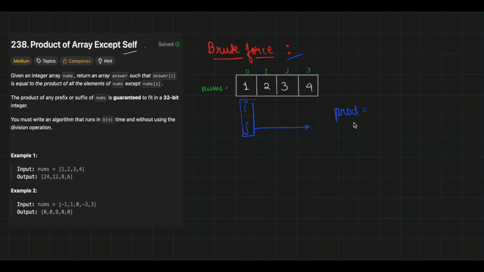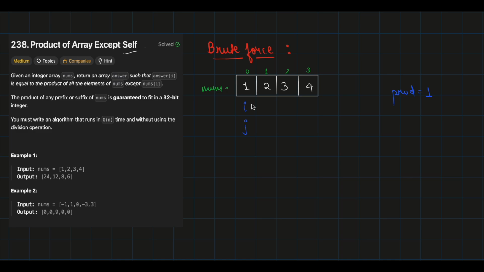Then we can have a product value that will be updating the ith element in the answer by multiplying by the j value. Suppose i is here, j starts here, and the product value is 1.